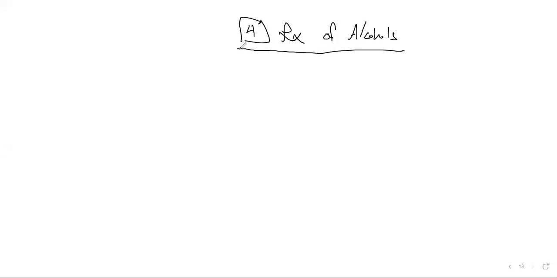In case of alcohols, the reactions of alcohols: you will find that alcohol ROH can react with each of the following.